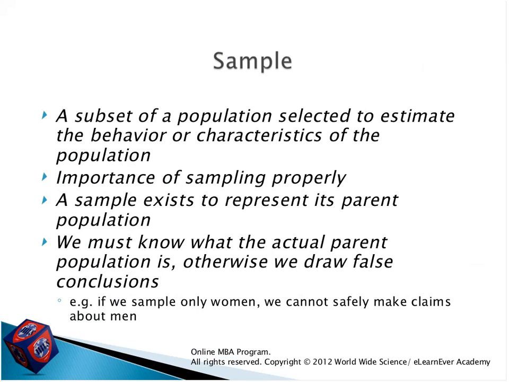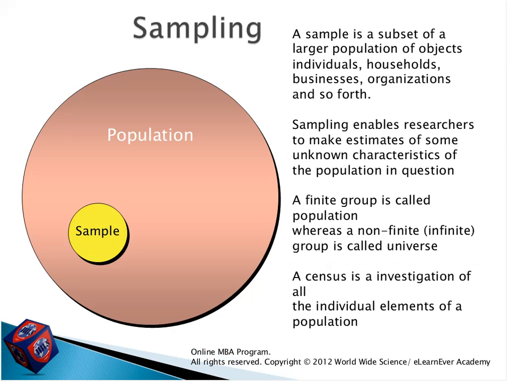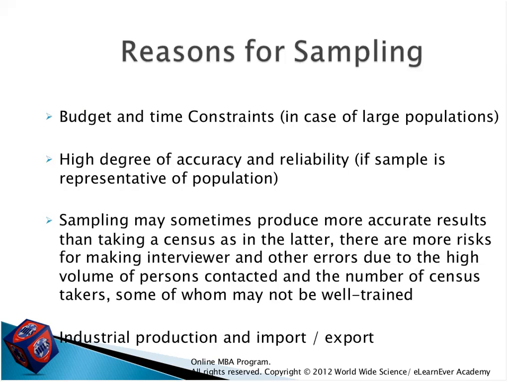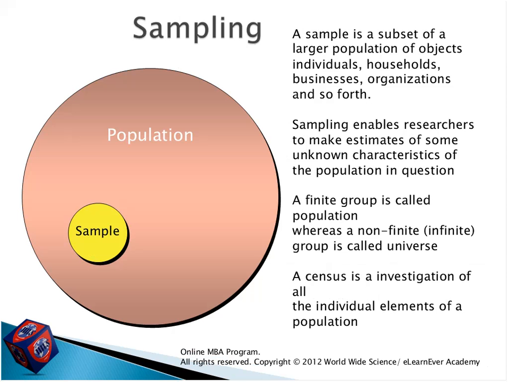So after this, okay, now slide 5. Here you can see the comparison between sample and population. The larger circle is the population, and the yellow one is a sample.